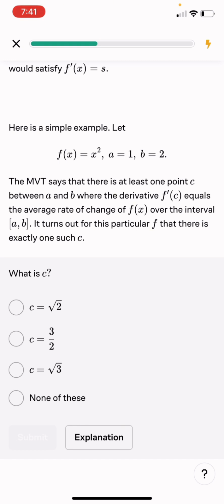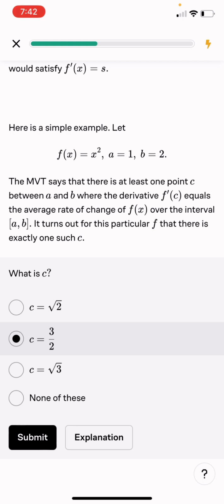Would it be c equals 3 over 2? That'd be considered about 1.5. f prime of c equals the average rate of change of f(x) over the interval, so it has to equal it.